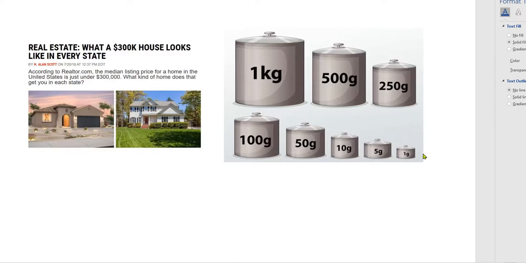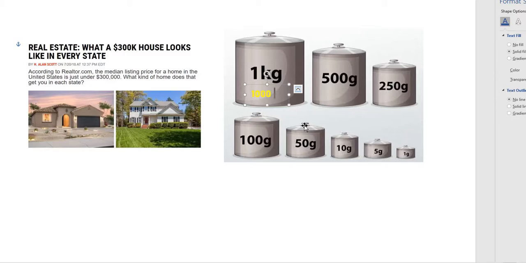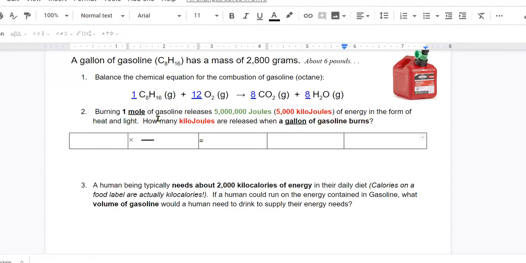Here are grams, and you've used grams in the lab. What happens when you get to a big package, 1,000 grams? You call it a kilogram. So this kilogram here is 1,000 grams. Kilo means 1,000, simple.